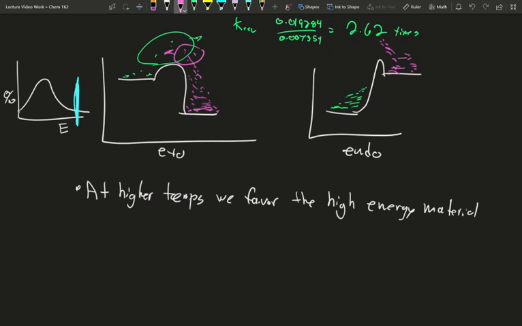When our energy shifts as we get to a hotter distribution, we get more of our particles that are past. If you were to compare that to the amount of particles prior to heating up, what we can see is that as we get hot, there's a much greater amount of particles that are now past that energy needed to cross the activation barrier.